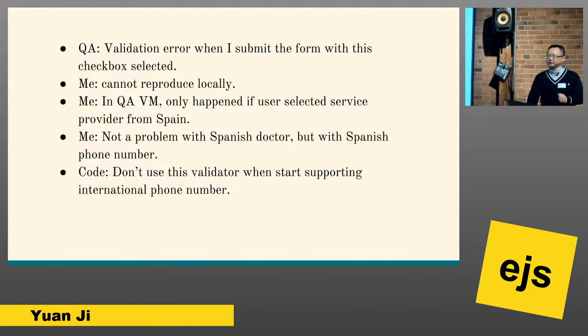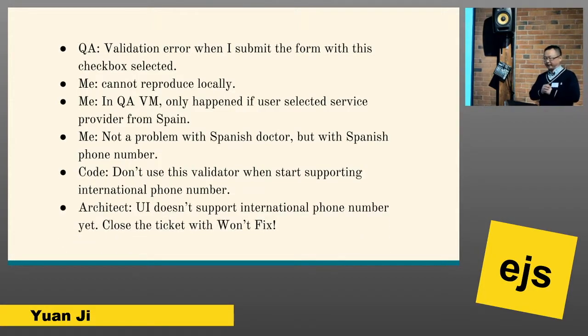So I don't know what to do, so I ask the architect. The architect said, oh, the UI doesn't support it, just code. So you may be wondering why. Phone number is too hard. I'll tell you why.